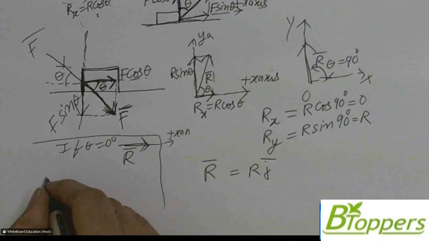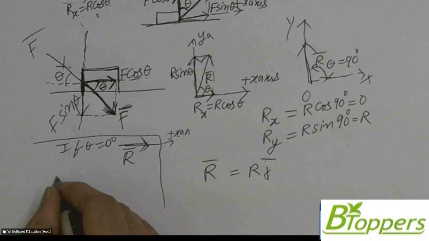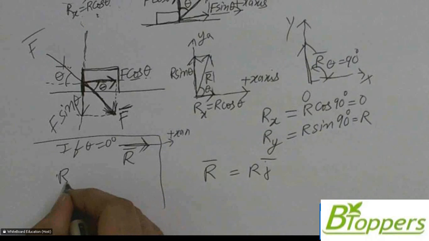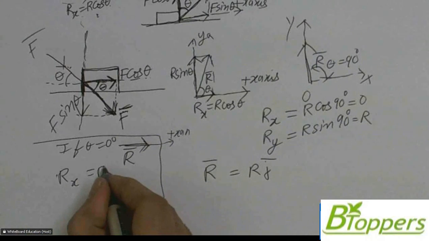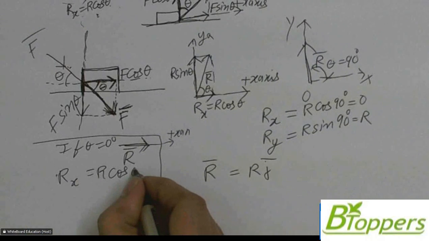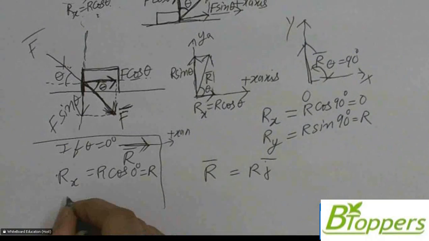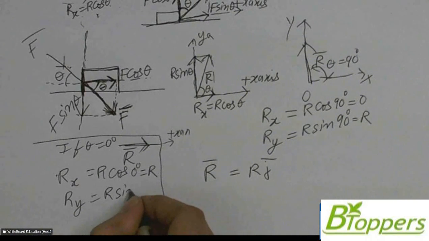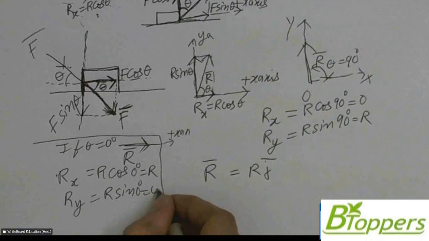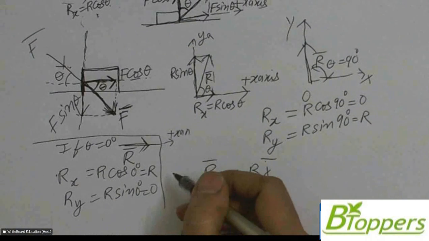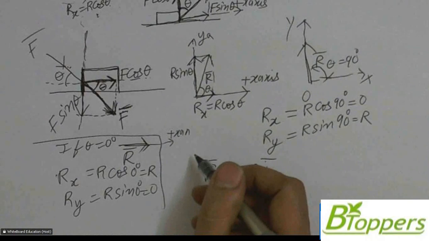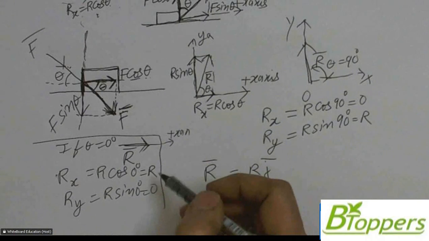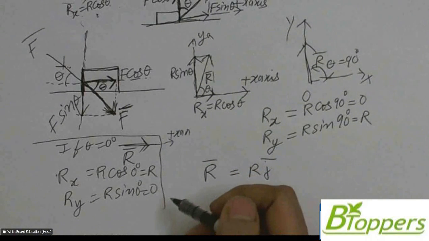Then Rx will be equal to R cos theta or R cos 0 degrees, that is equal to R. Ry equal to R sin theta or R sin 0 degrees, that is 0. So if a vector is directed along x-axis, you can say that its rectangular component along y direction is 0.